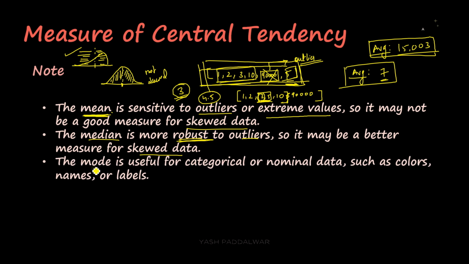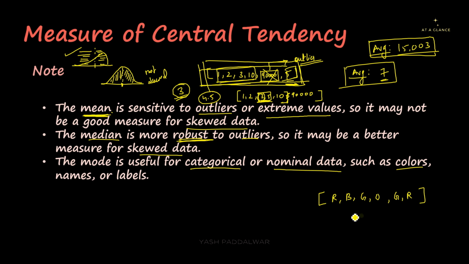Now, let's check for mode. Mode is useful for categorical or nominal data, such as colors, names, or labels. So basically, when we talk about categorical data, we have seen different examples. Let's say we have a data variable which contains colors. Let's say red, blue, green, orange, green, red. So something like this.